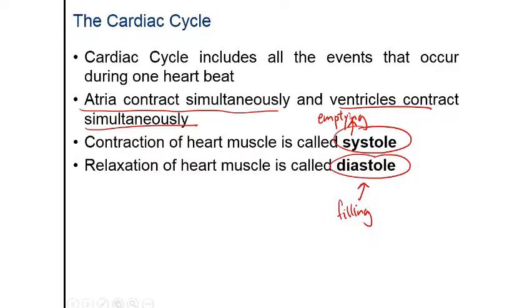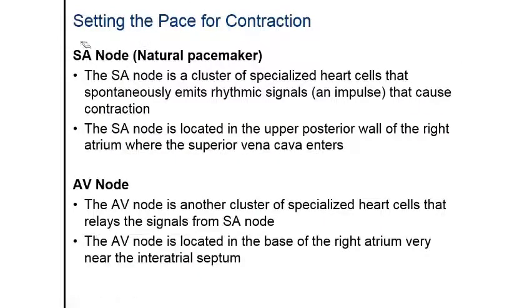So setting the pace for contraction, the heart has a special cluster of cells called the SA node, which stands for sinoatrial node. Okay, this is the natural pacemaker of the heart.